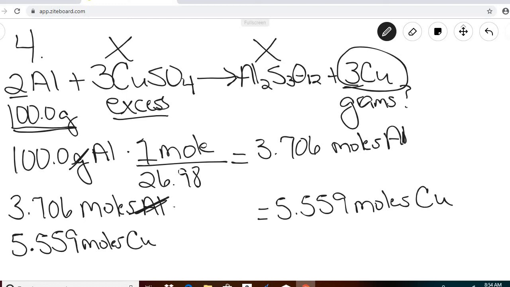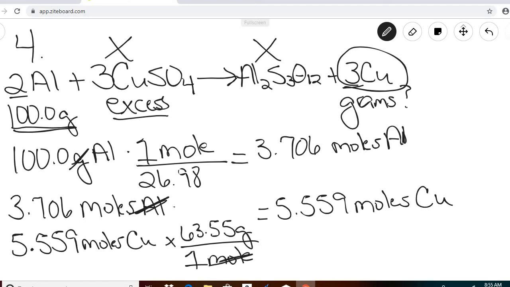So we're going from moles to grams, so grams is going to go on top. If you look at the periodic chart, you will see that for copper, 63.55 grams of copper is equal to 1 mole of copper.